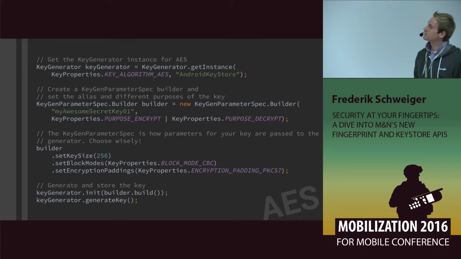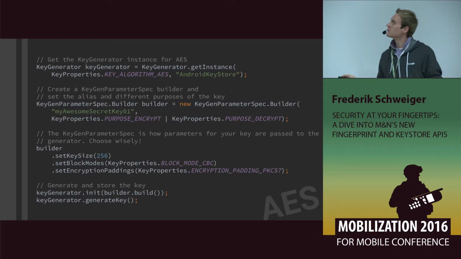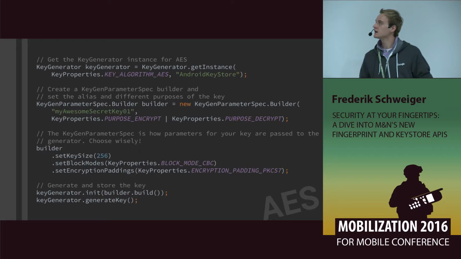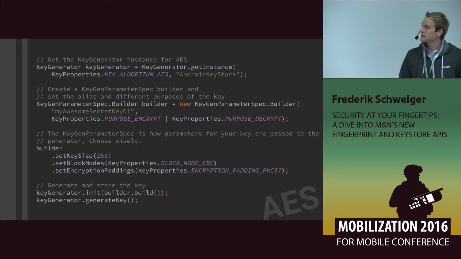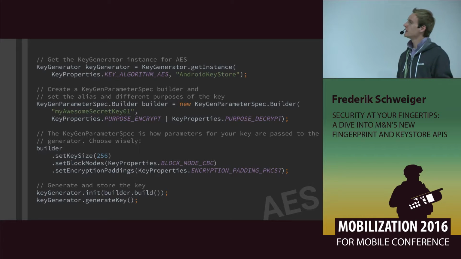So after that, you have the builder and set all the parameters for your key, like the key size, block modes, and encryption paddings. And finally, you just say keyGenerator.init with the builder.build and keyGenerator.generateKey. And that's it. This is our key, which is created in the Keystore, which is only accessible by your app and is saved in this secure environment.